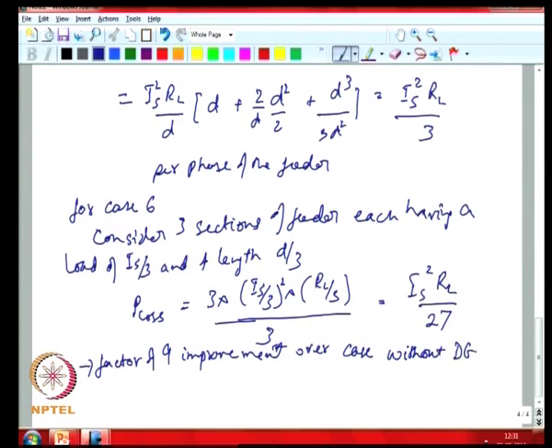So, the reduction in losses is by almost an order of magnitude. If you have a well sized DG which is well sited, even a single DG can actually bring down the losses by quite a bit.